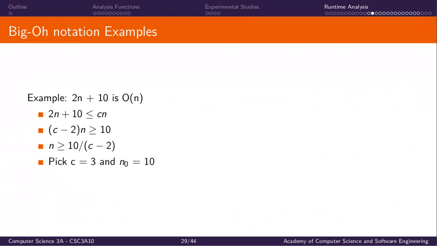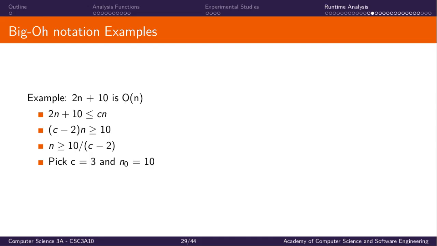All right, but we'll look at a couple more examples. Here we have 2n plus 10. We want to show that it is order n, so we want to find a c and an n0 such that c times n is always greater than or equal to 2n plus 10.